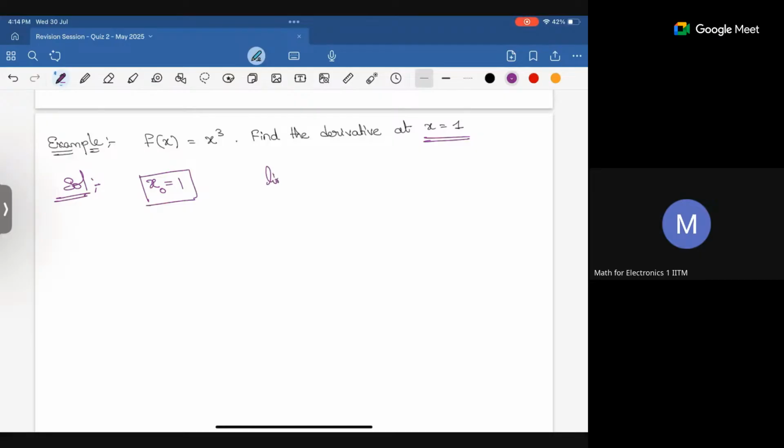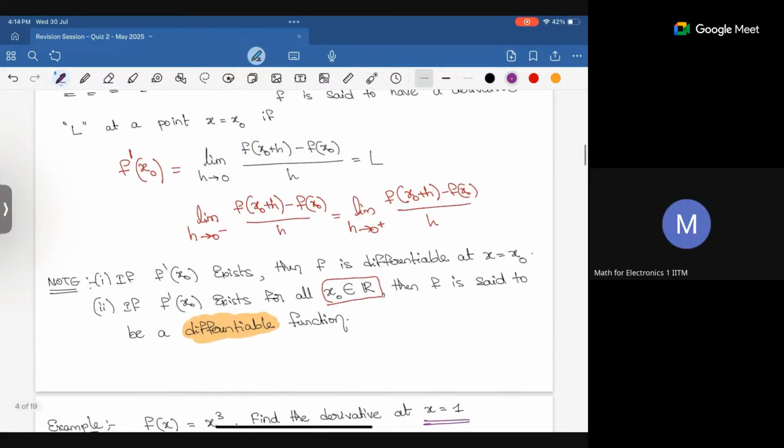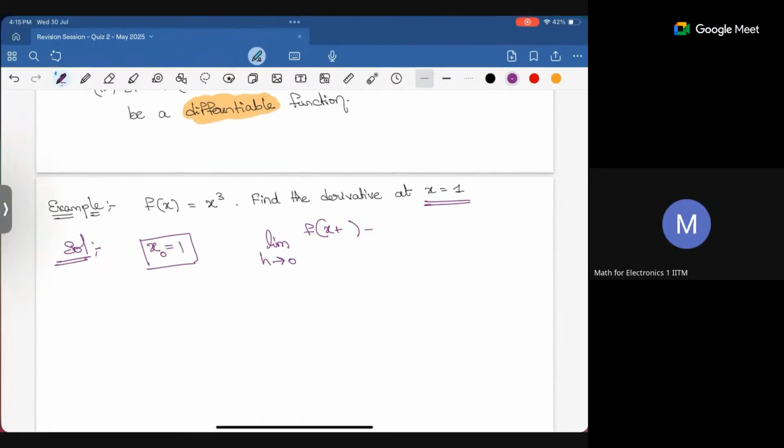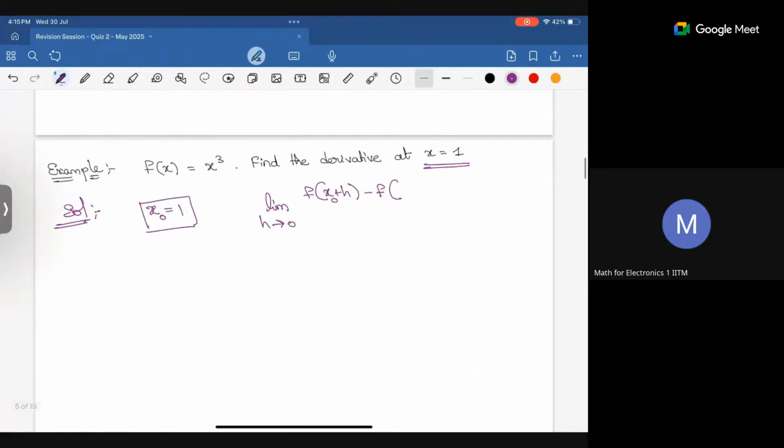All I have to do is check this limit: h tends to 0, f of x naught plus h minus f of x naught, divided by h.